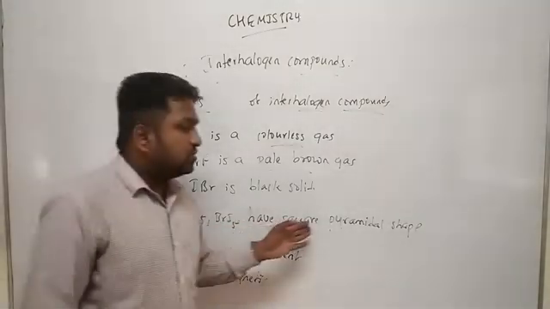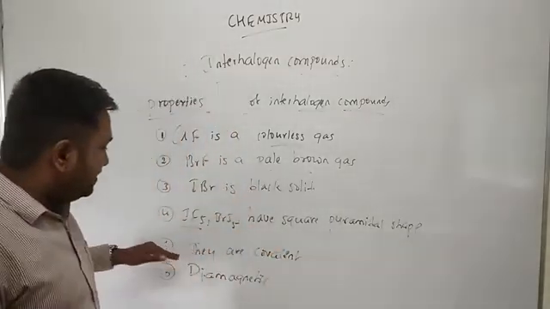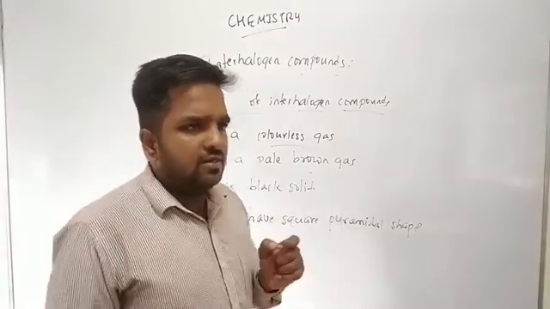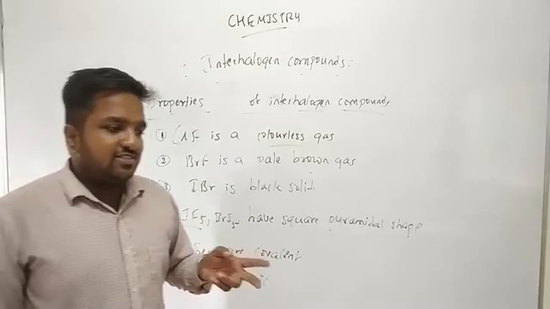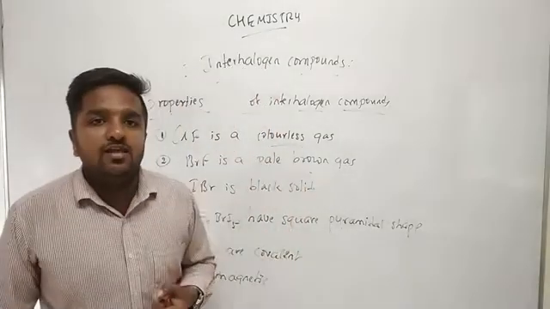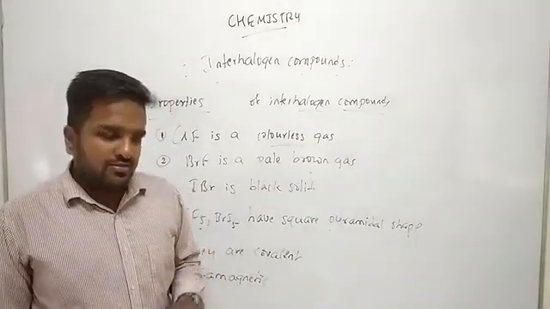Now the fourth property: IF5 and BrF5 have square pyramidal shape. We are talking about their shapes, and then they are always covalent. Halogen and interhalogen compounds are covalent. Covalent means they share electrons in order to form a bond. The bond is formed due to the sharing of electrons between two different halogens in this case.